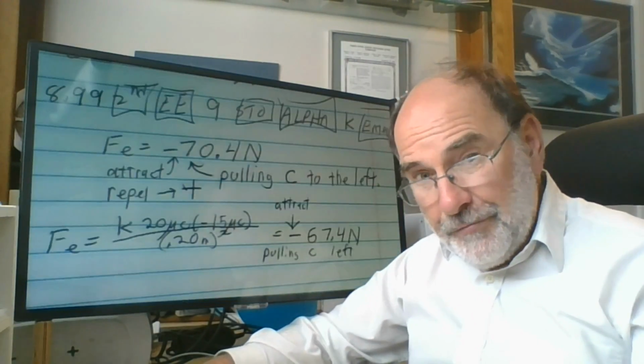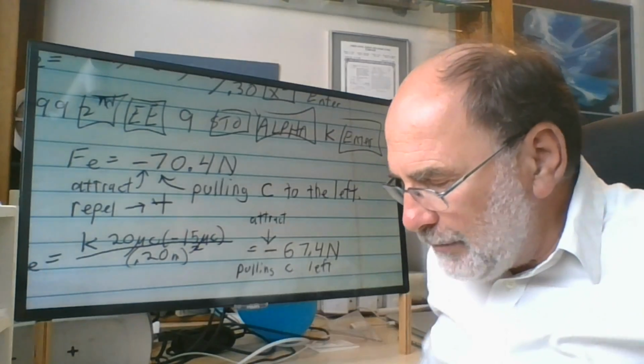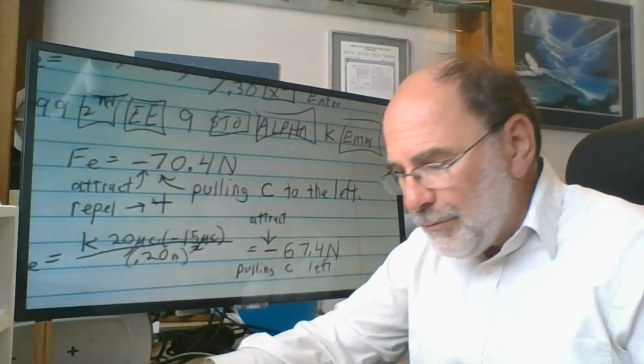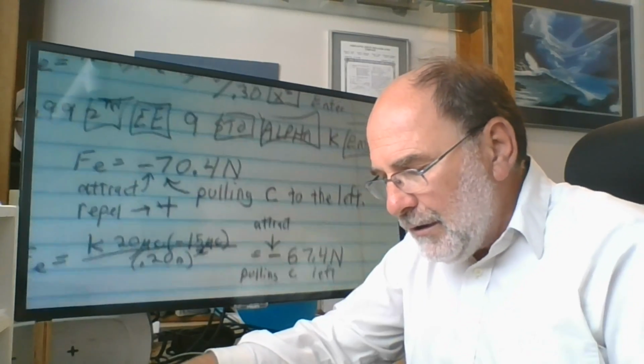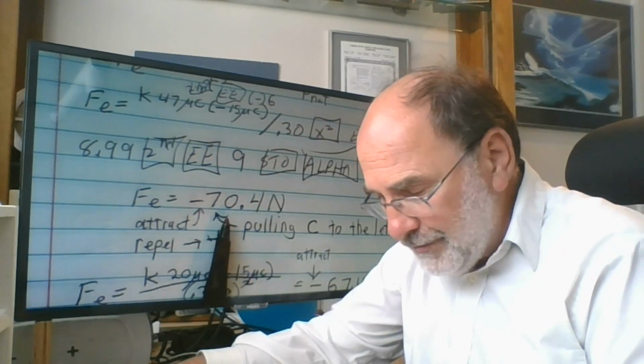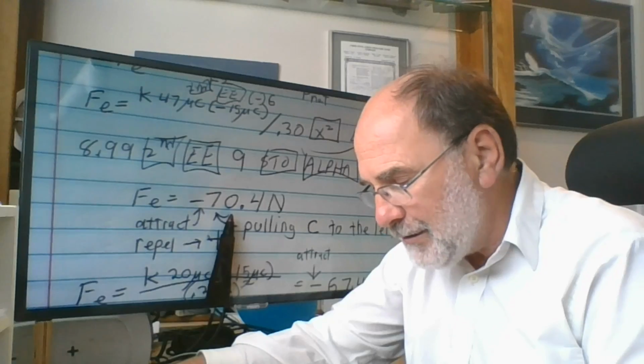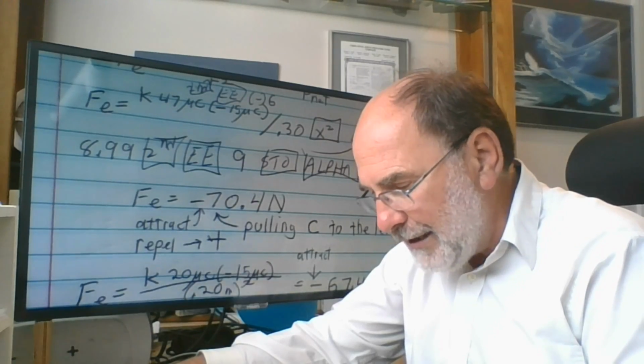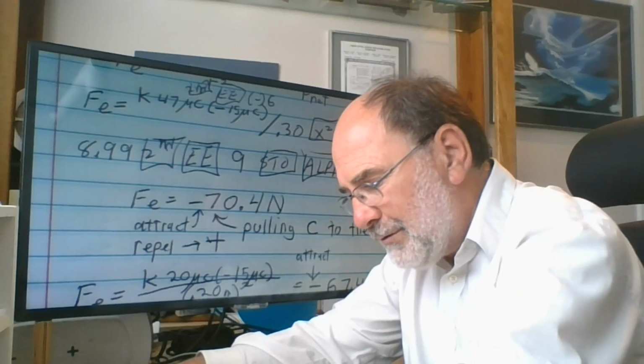Now we do some vector addition and we tally up the total combined force acting on these two charges. Well, the charge A is pulling C to the left with a magnitude of 70.4 newtons. Charge B is pulling C to the left with a magnitude of 67.4 newtons.